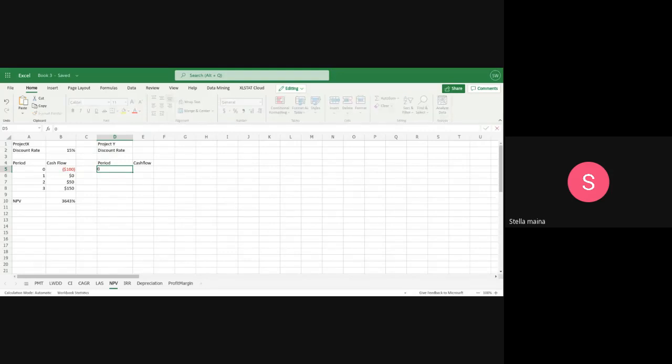0, 1, 2, 3 as well. So for this, we will also still have a discount rate of 15%.